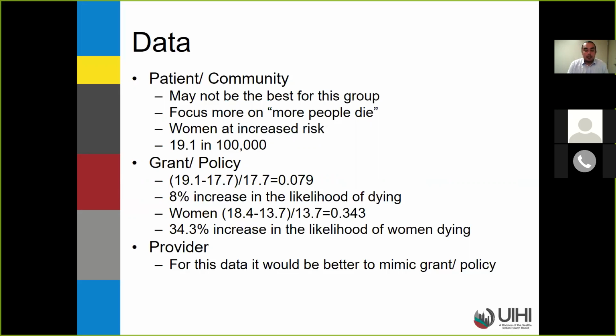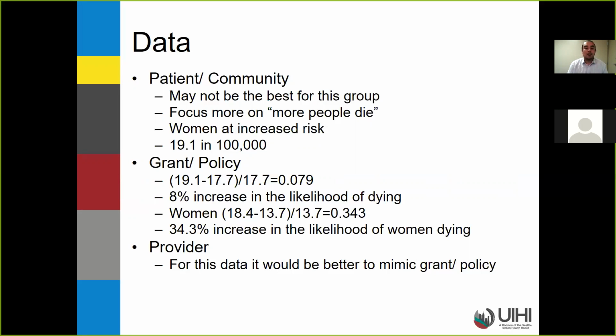I was trying to think, if I were to tell my grandma, how would she understand it? If I told my grandma that 19.1 in 100,000 people are going to die from diabetes, that number doesn't really make a lot of sense. Likewise, if I talked about our increased likelihood relative to non-Hispanic whites, that might be really difficult for her to understand.